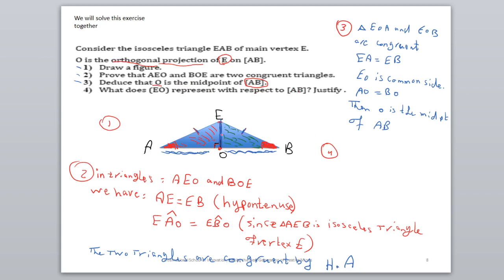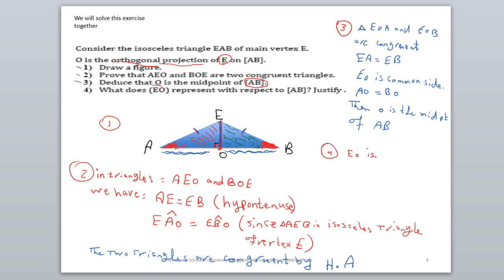If you know this EO, what does it represent to AB? We have given that EO is perpendicular to AB, and we proved that O is the midpoint of AB.